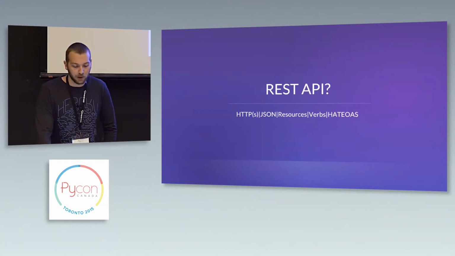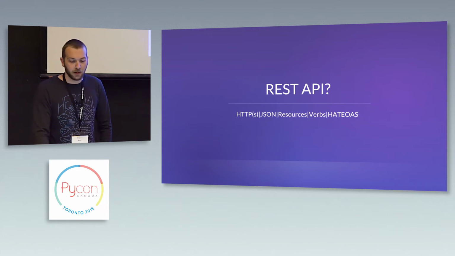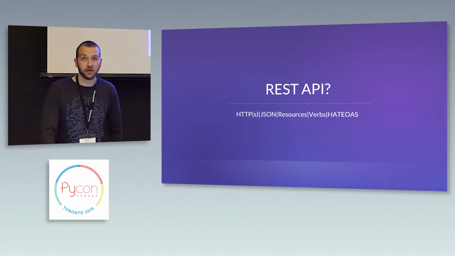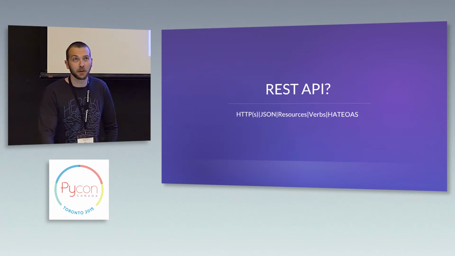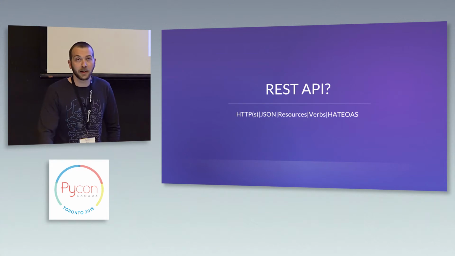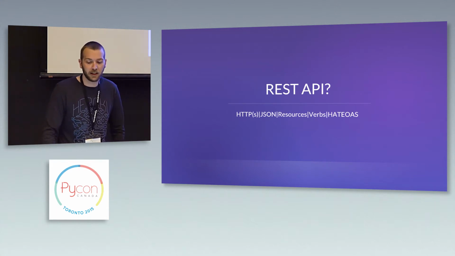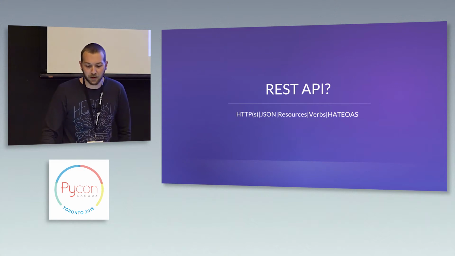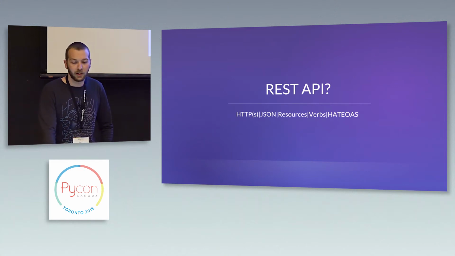So, what is a REST API anyway? It seems like we throw this term around a lot, and we don't always adhere to the true definition. I think there's been a few other talks already about this. Most people will agree that we're talking about HTTP, preferably HTTPS, with JSON payloads. We're also going to define our API in terms of resources and use HTTP verbs to manipulate them.